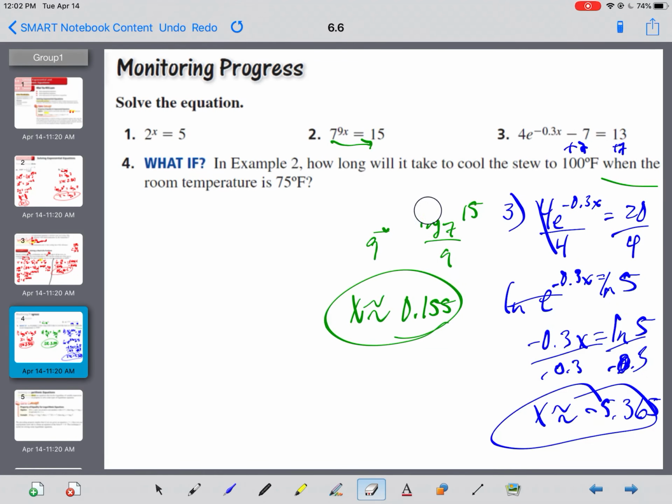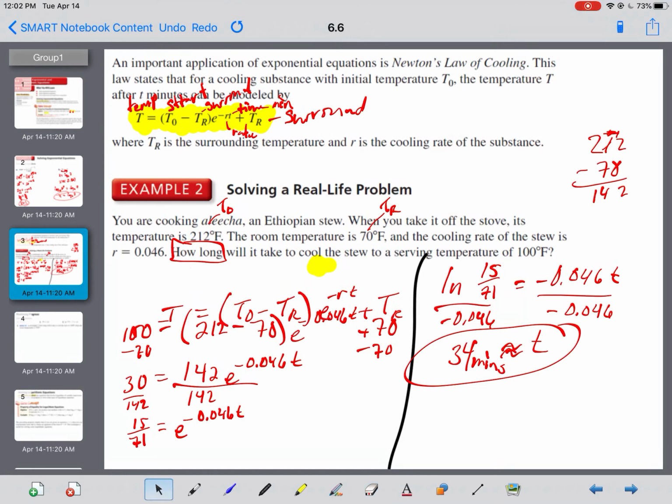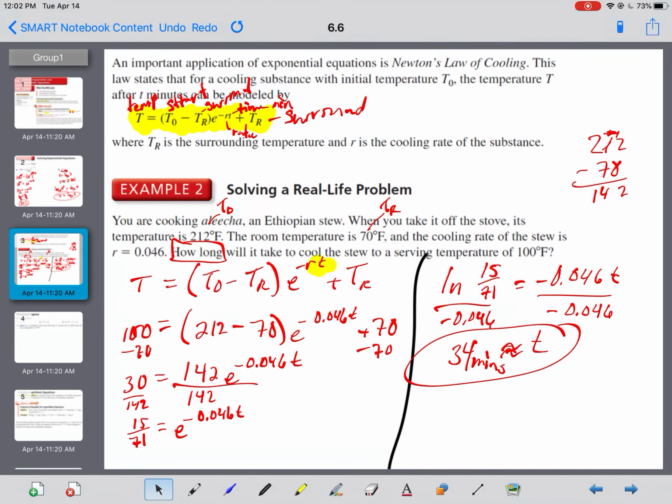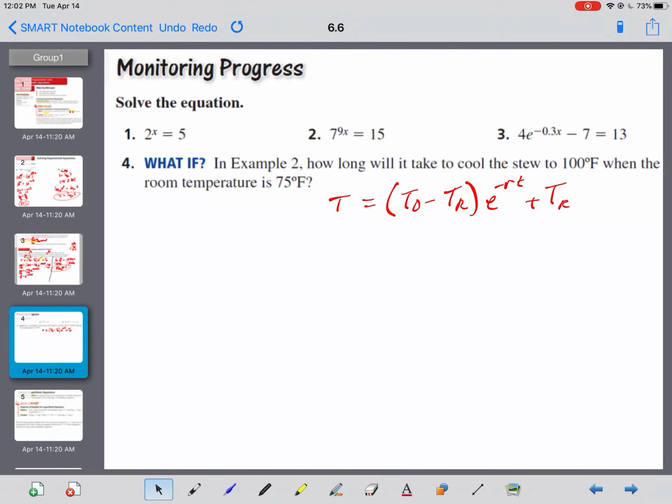Okay, now let's do that tough one. Let's work on that word problem. It's the same problem that we just did on the previous slide. So I just have to bring that equation back over. I'll copy it and paste it.